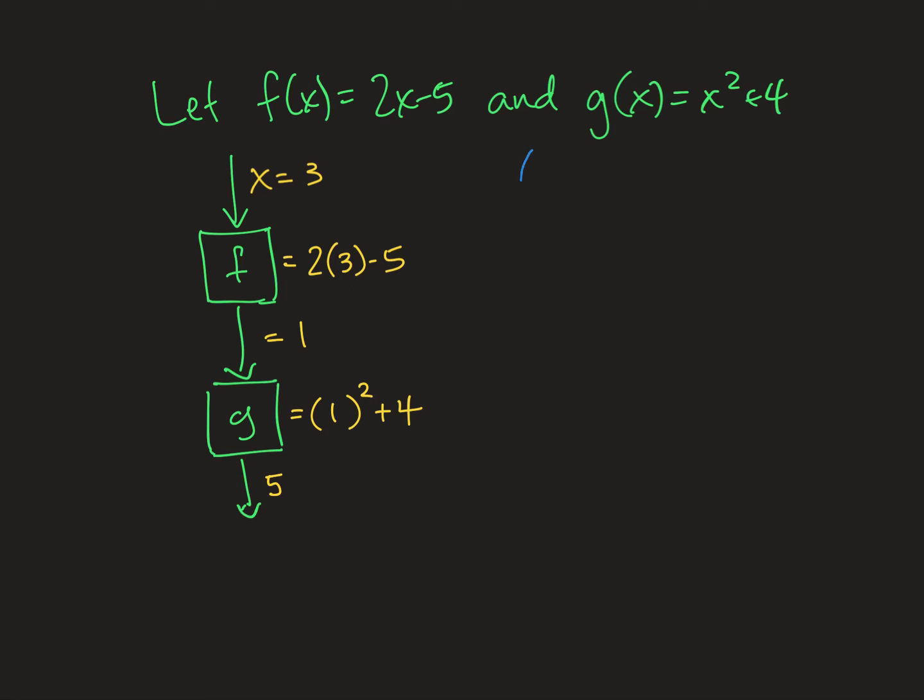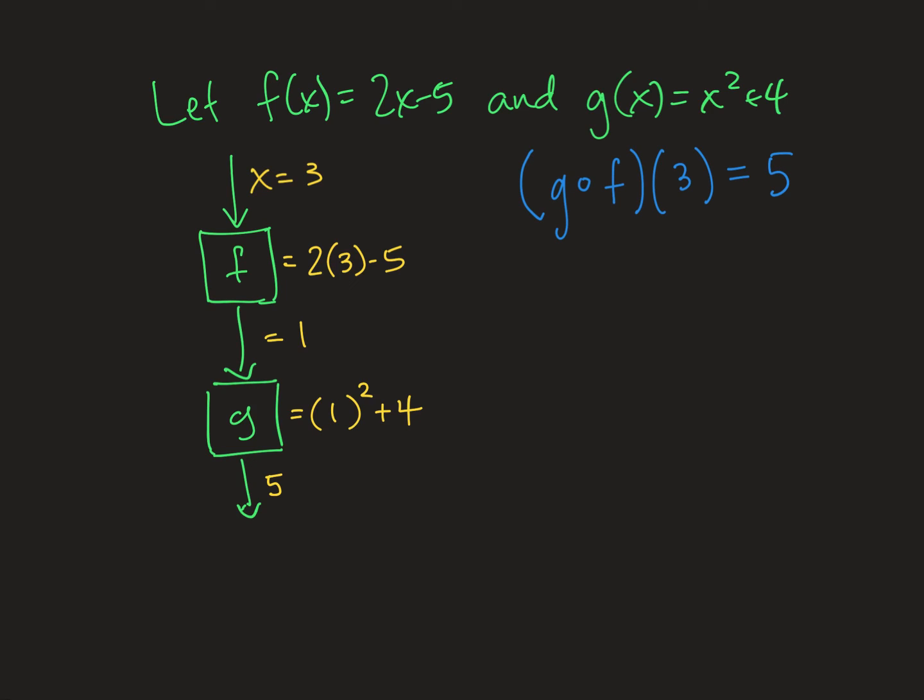So if I want to write it using my sort of following notation, then I have parentheses, G, open circle for following, F, close parentheses, open new parentheses of 3, that was my input, and then my ultimate output was 5 this time.